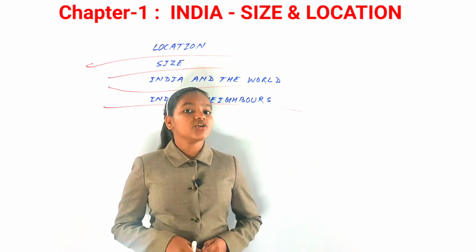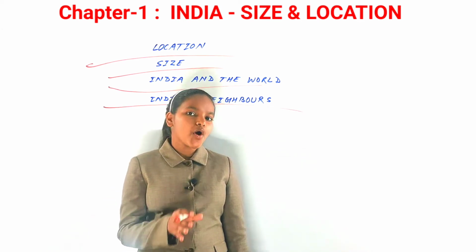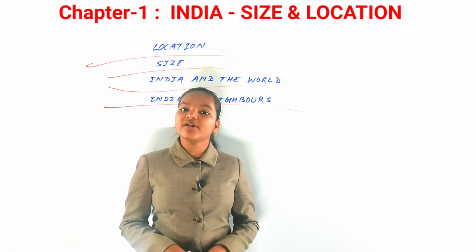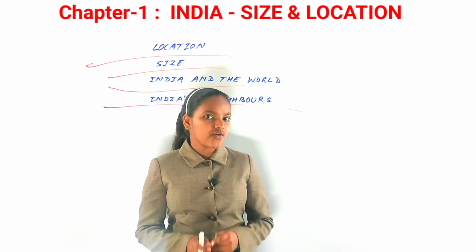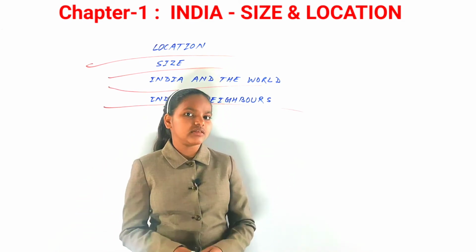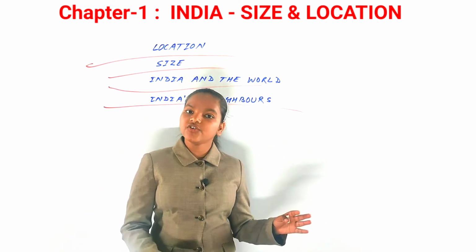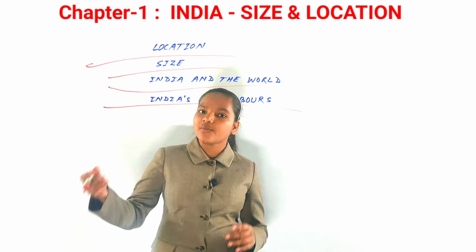Now India shares a very long geographical border with the neighboring countries. One point to be noticed: the total distance from the northernmost part to the southernmost part of our country is 3,214 kilometers, and from the western part to the eastern part it is 2,933 kilometers.